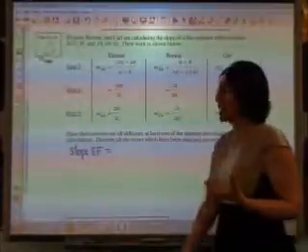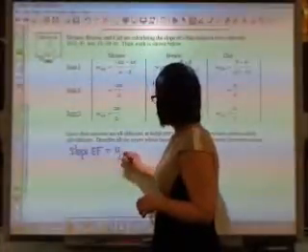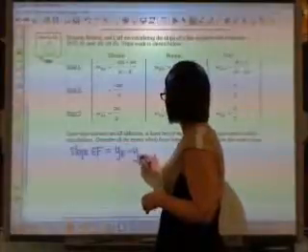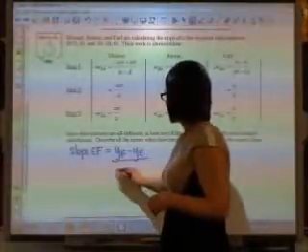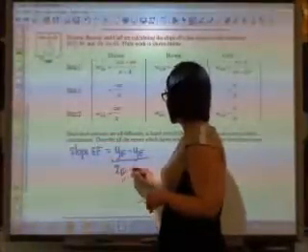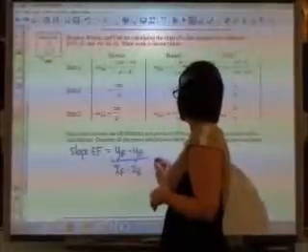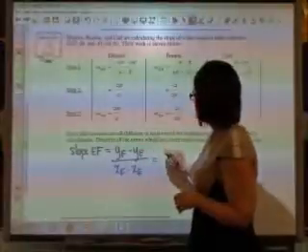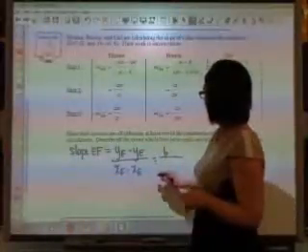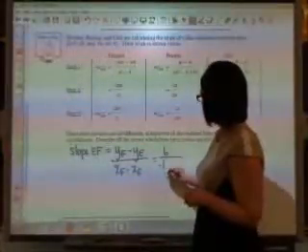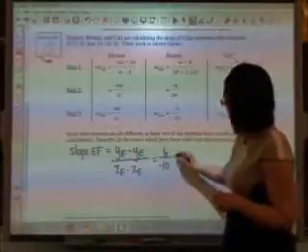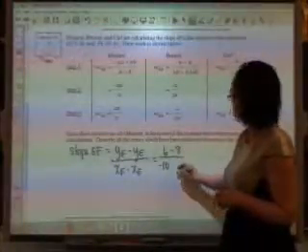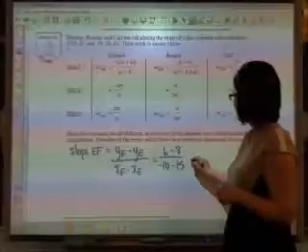So the slope of EF would be taking the y-coordinate of F minus the y-coordinate of E, over the x-coordinate of F minus the x-coordinate of E. So the y-coordinate of F is 6, the x-coordinate is negative 10, minus 8, minus 15.